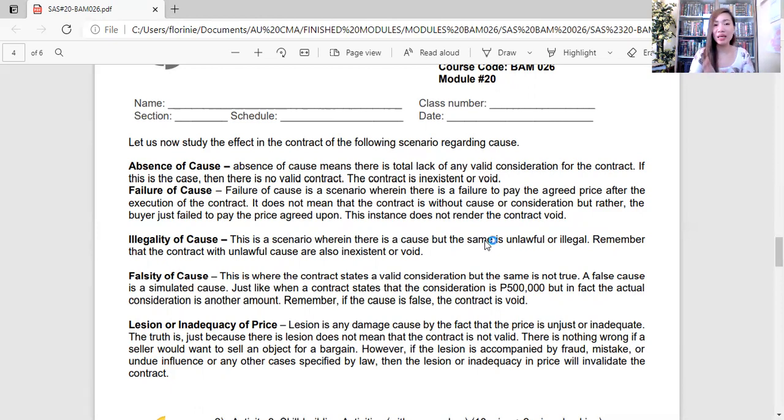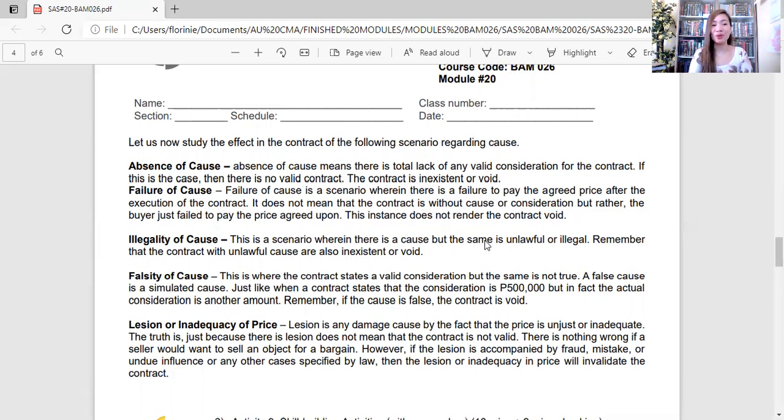Ano ang magiging remedy ng seller kapag yung buyer hindi nagbayad? So, pwede siya na magsampa ng action for specific performance. Iko-compel niya sa korte na magbayad yung buyer o yung debtor.